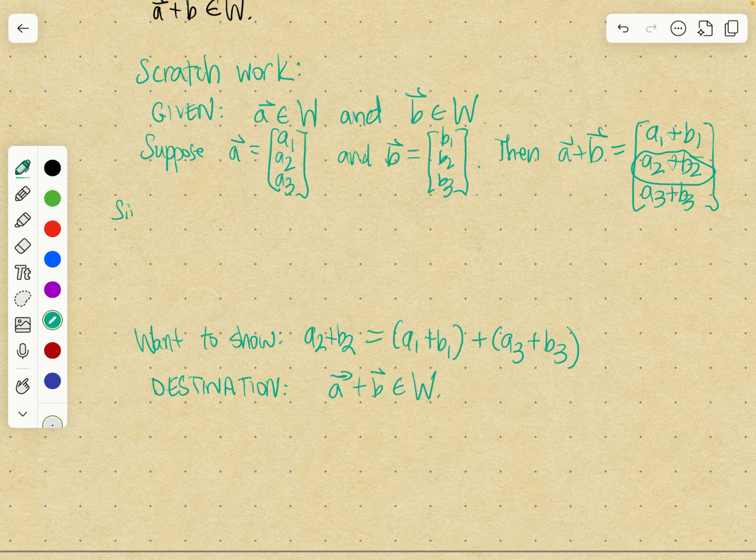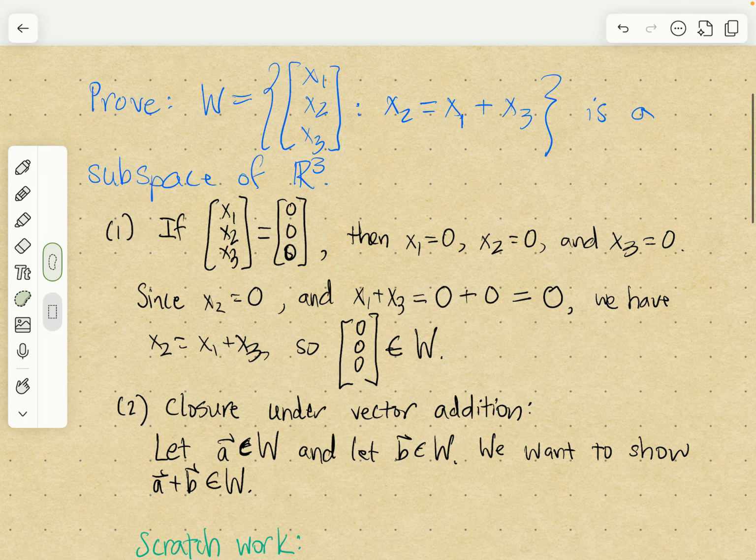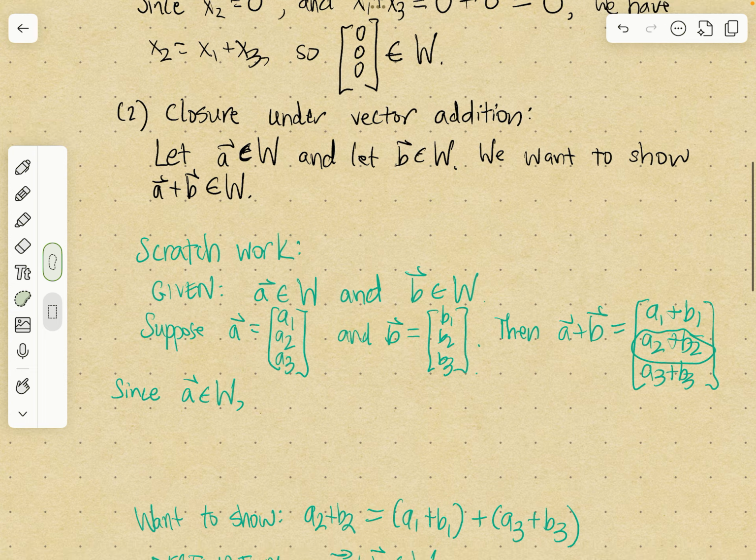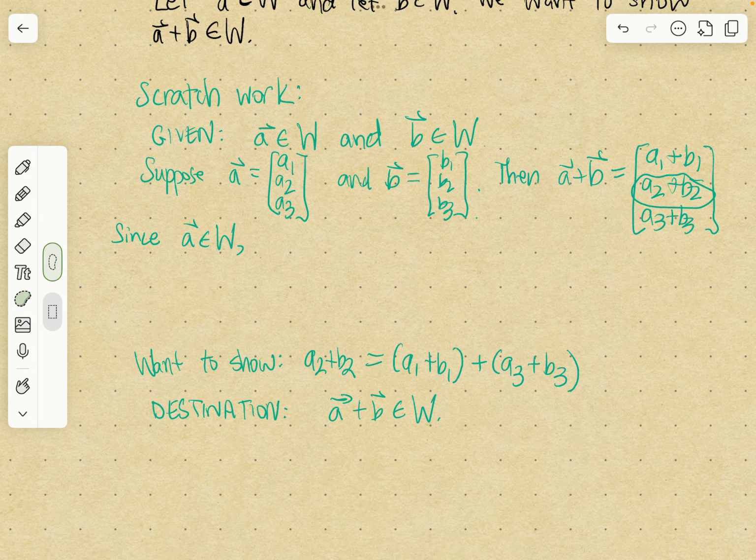Since A is in W, what that means is, by definition of W, let's just recall, here's the definition. The second component is the sum of the first and third components. So since A is in W, we have the second component, A2, is the sum of the first component and the third component.